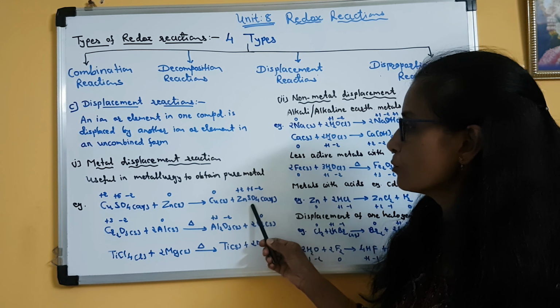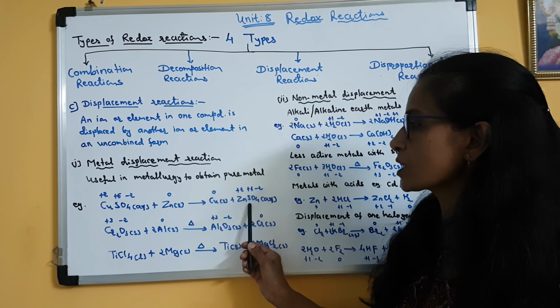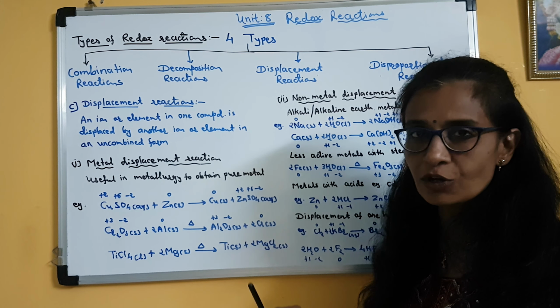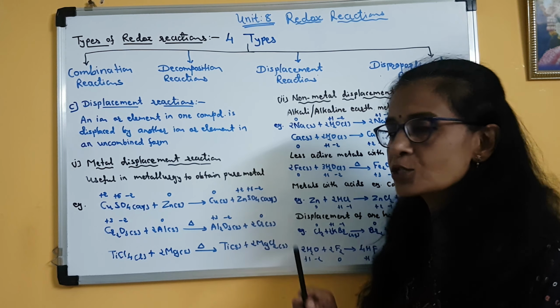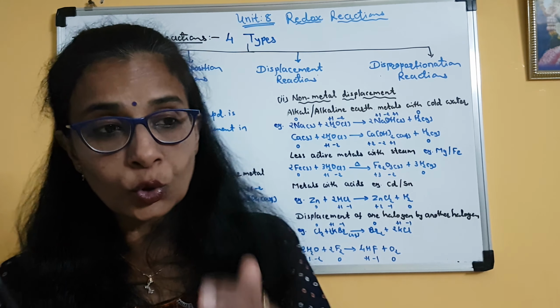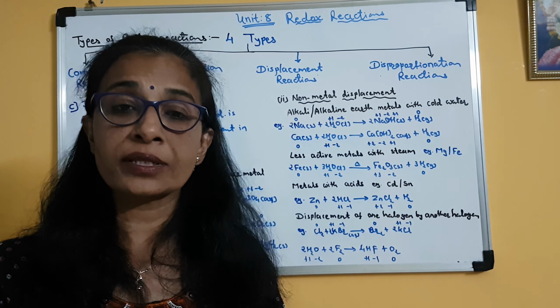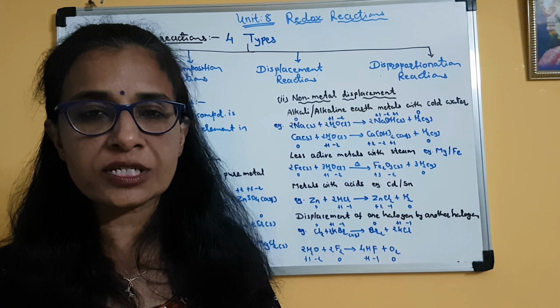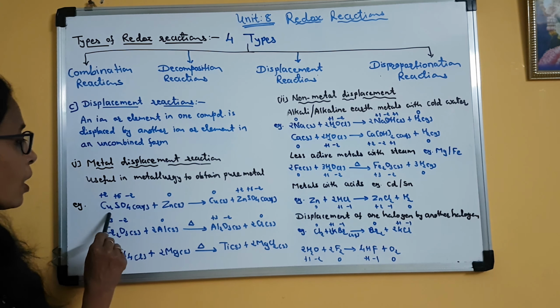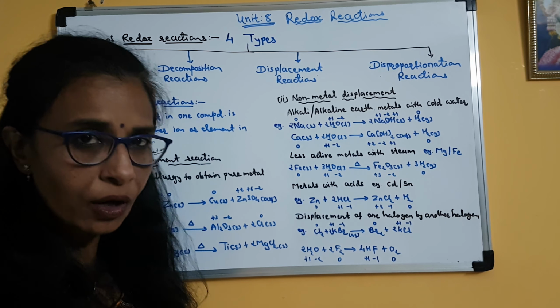Clear? Sulfur, on both sides, reactant as well as product, is in +6 oxidation state and oxygen in -2 oxidation state. So sulfur and oxygen are the elements which are not undergoing either oxidation or reduction. There is no change in their oxidation state. Clear? So only copper and zinc are the metals undergoing oxidation or reduction.